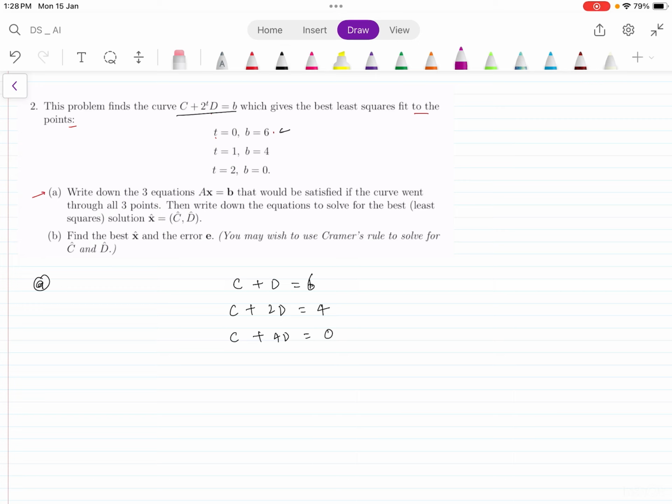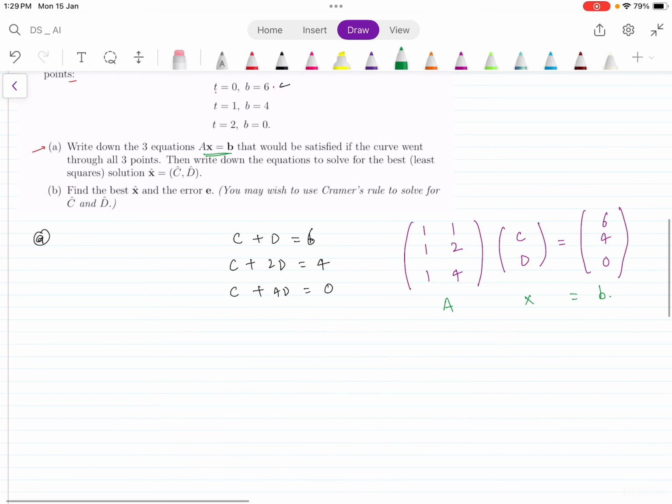We can write these linear equations as a matrix equation like this: 1 1, 1 2, 1 4, times c d, is equal to 6 4 0, right? So this is nothing but A, this is x, and this is b. So we have written our set of linear equations in matrix form, right? So this answers your first question.